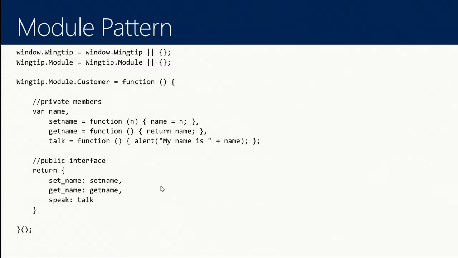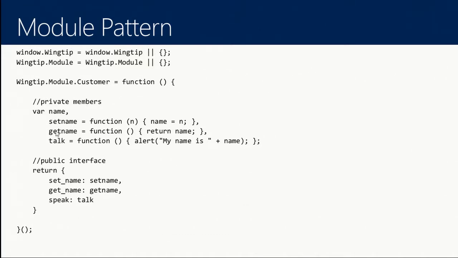This is one of the most common patterns here. You're going to see it over and over again in stuff that I show you, this module pattern, invoking a self-invoking function. What's cool about this, once you get away from sort of understanding the mechanics of what's happening here, you can treat it almost the way you treat a class. So if you come up here to the top, we actually have a concept now of private members and a public interface.